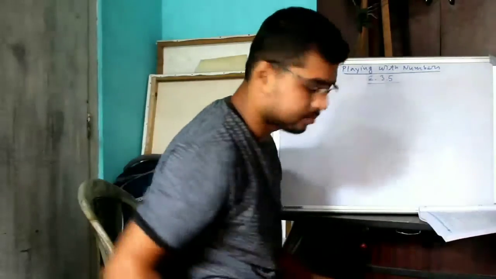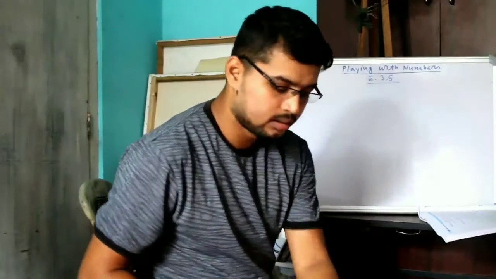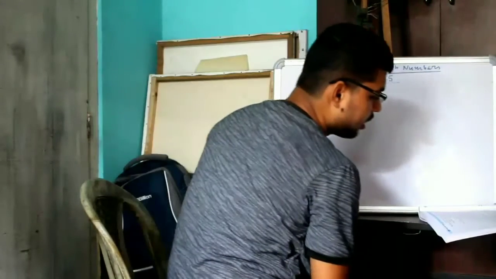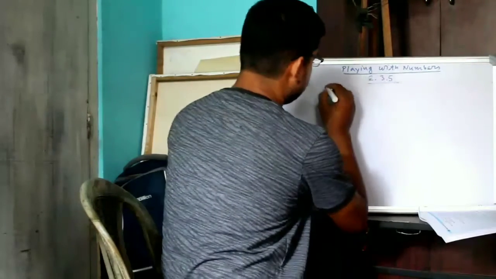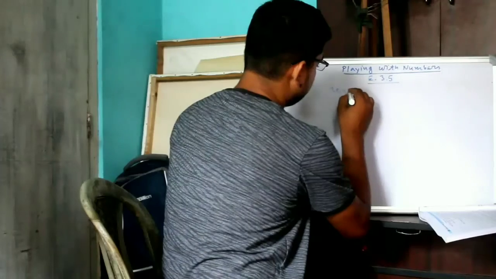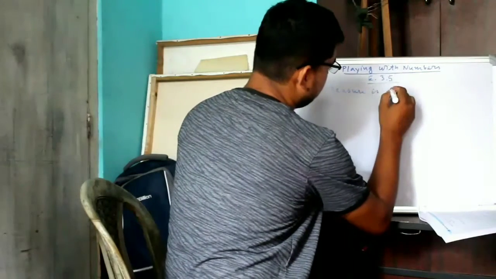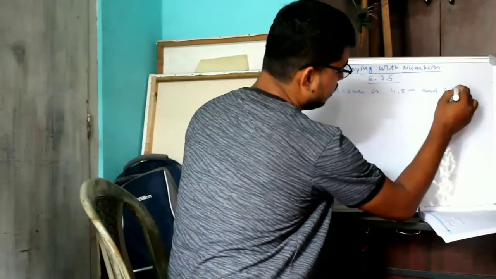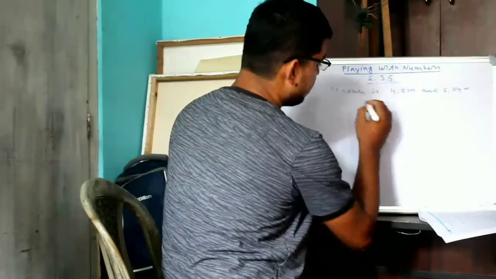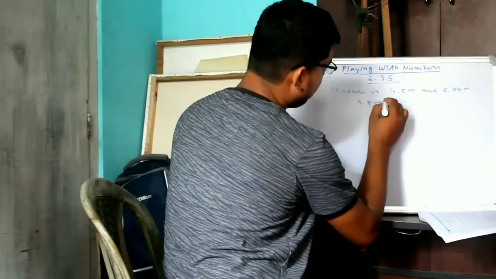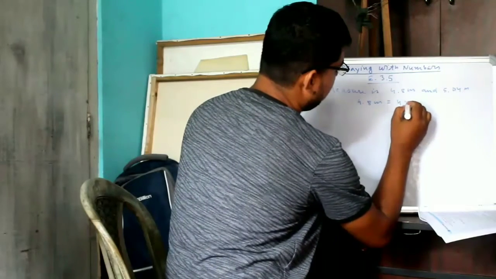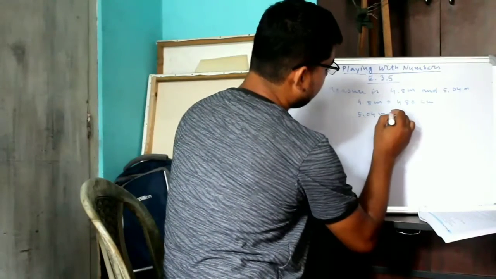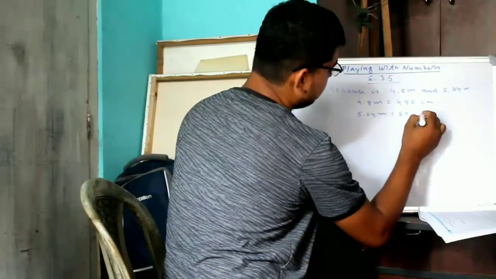So 4.8 meters equals 480 centimeters and 5.04 meters equals 504 centimeters.